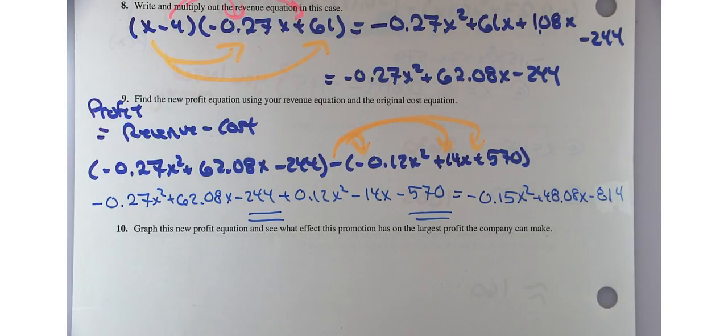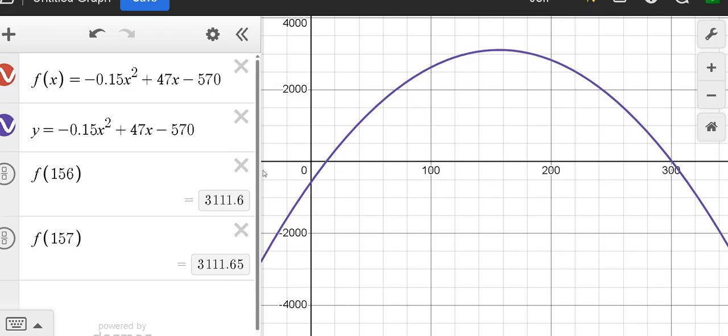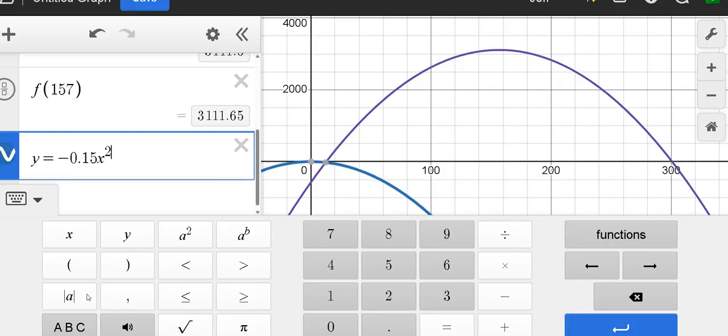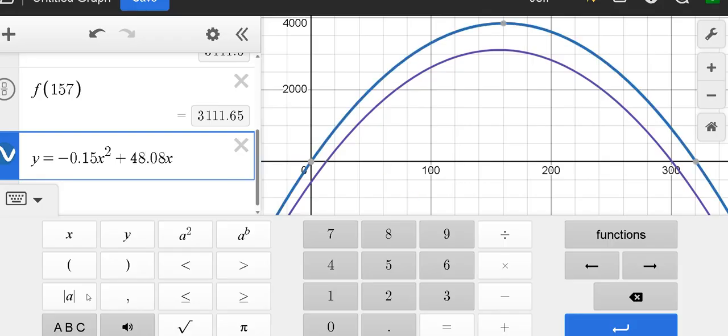Let's take a look at this graphically speaking first on Desmos, and then I can talk about graphing it on the graphing calculator as well. So on Desmos, I'm going to add to my graph y equals negative 0.15x squared plus 48.08x minus 814.